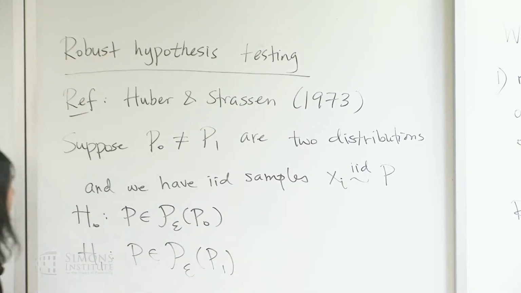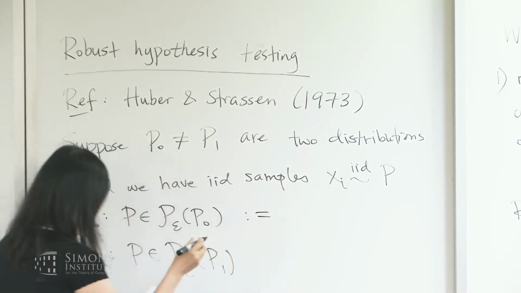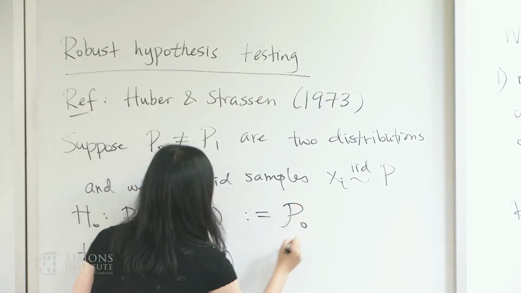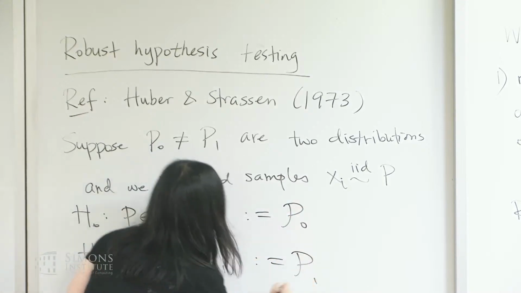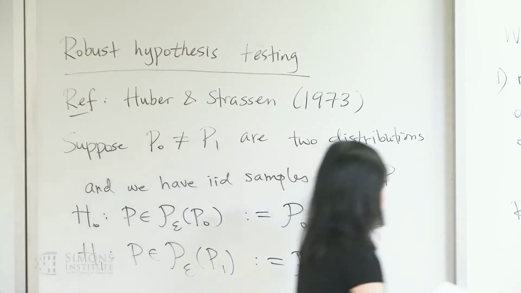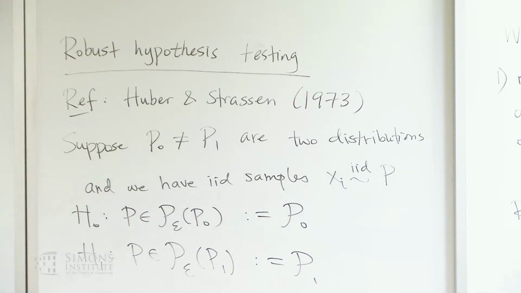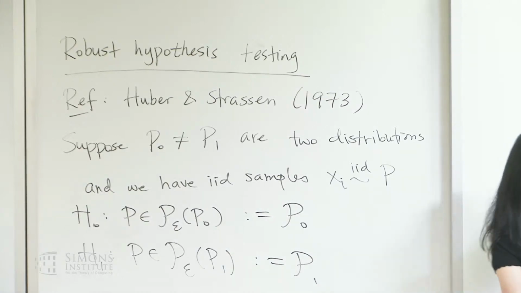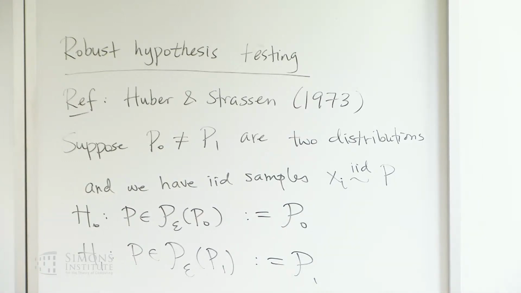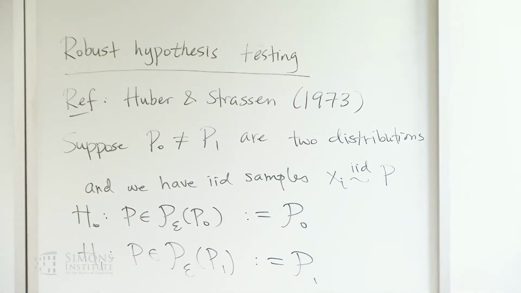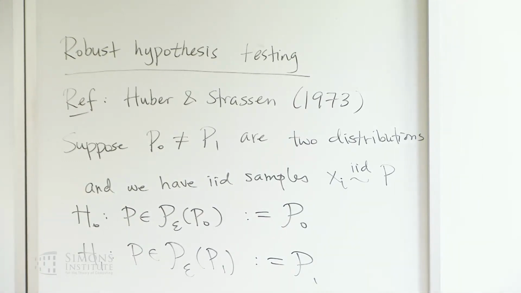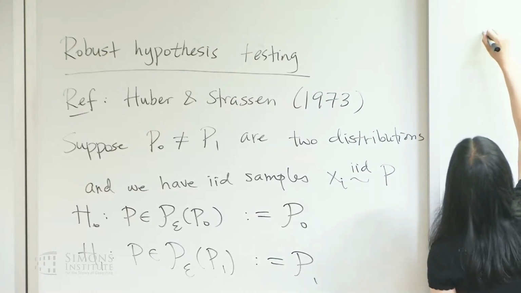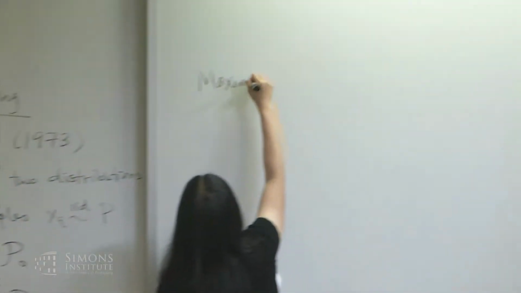For convenience, later we'll call these script P0 and script P1. Then the question is, what is the best test? To answer that, you need to define a notion of best test, and the framework taken in this paper is known as the max-min test.